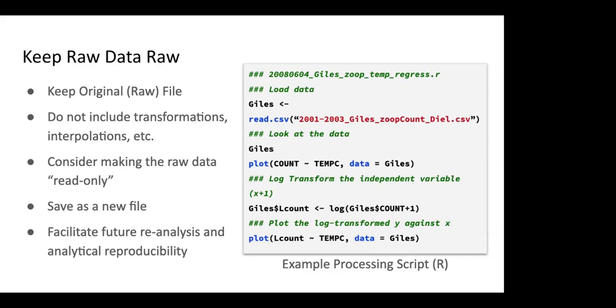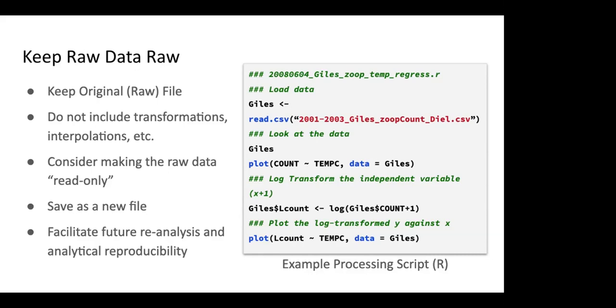If only the derived data are stored, it can be quite difficult for others to confirm the results, to assess the validity of a statistical model, or to directly compare findings across studies. So therefore, we want to ensure that our data is always kept in raw format whenever possible.